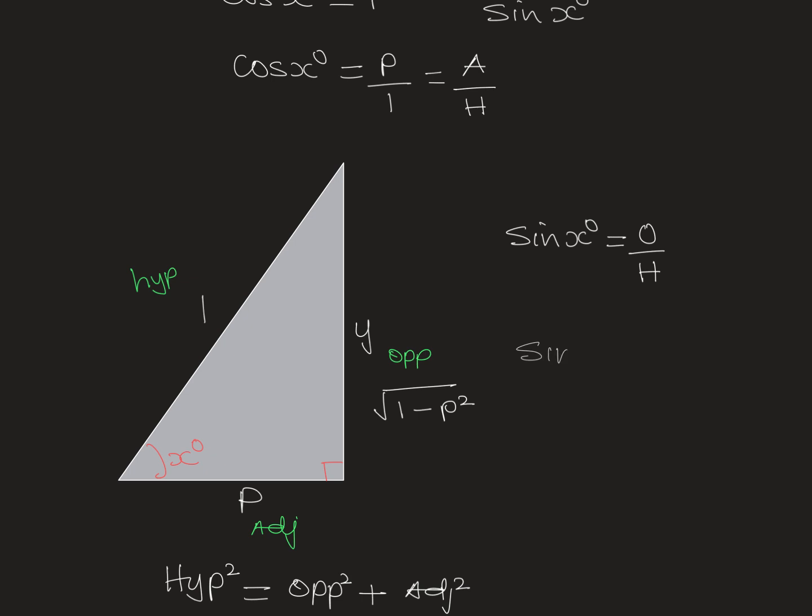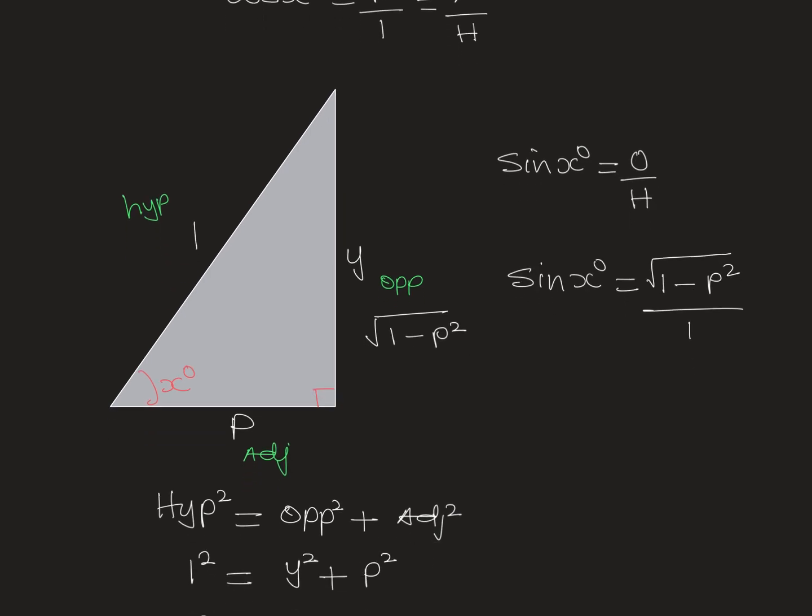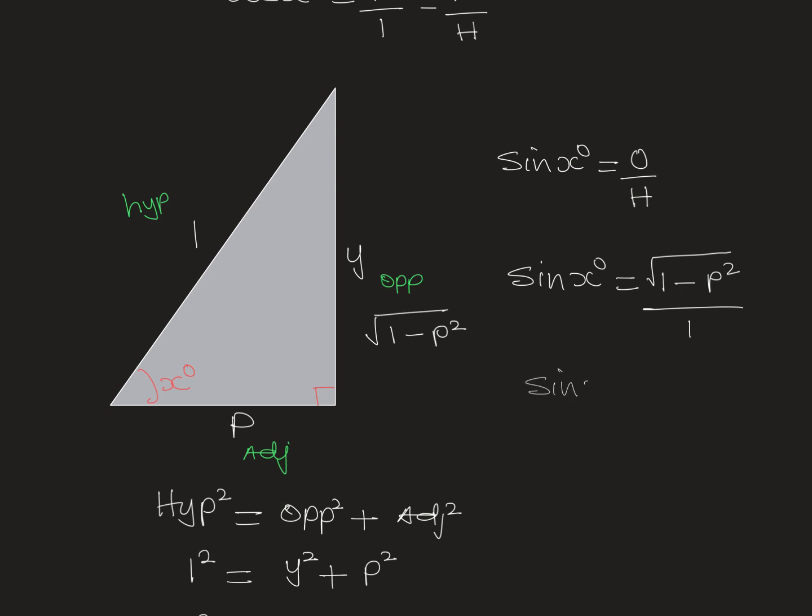So sine x degrees, which we said is the opposite, that is the square root of 1 minus p square divided by the hypotenuse, which is 1. So sine of x degrees will be equal to the square root of 1 minus p square, because anything divided by 1 remains the same.